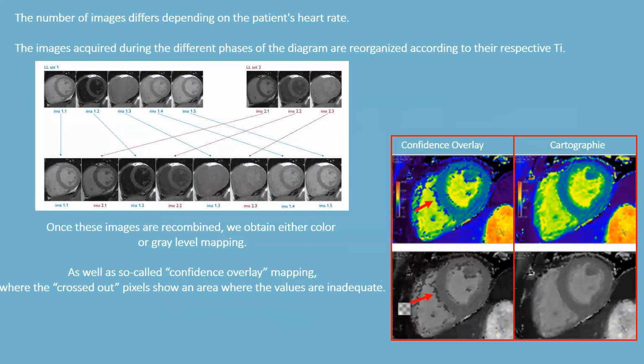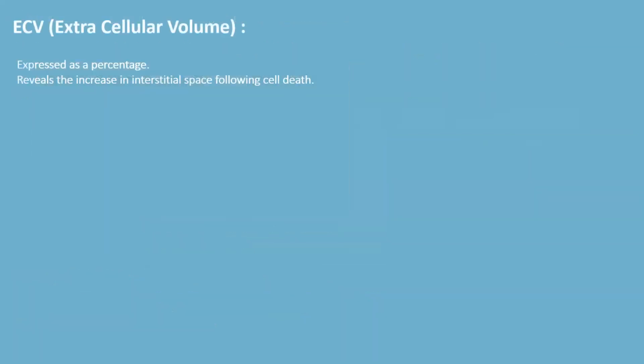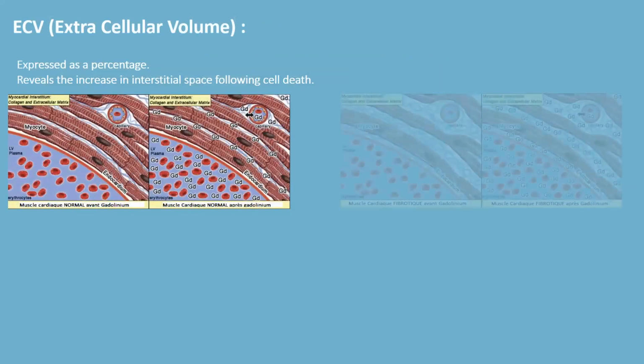The images are acquired during these different phases of the diagram and are recognized according to their respective T1. Once the images are recombined, we obtain either a color or a gray image, called a confidence overlay map, where the crossed-out pixels show areas with inadequate values. The extracellular volume is represented by the T1 mapping.